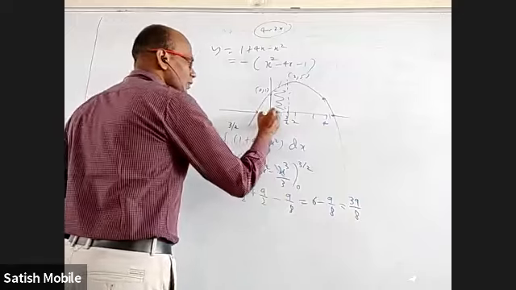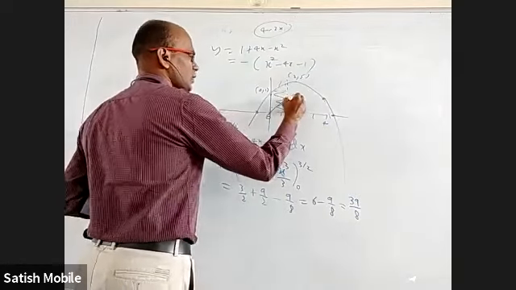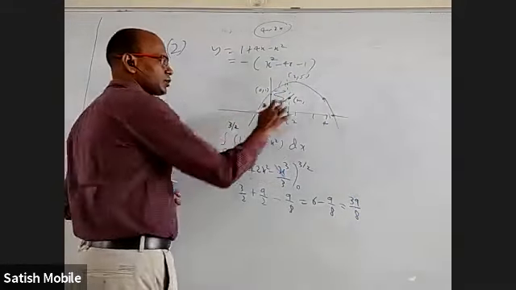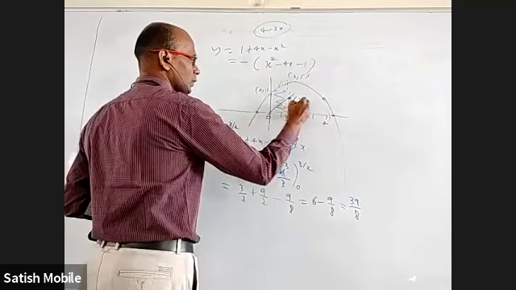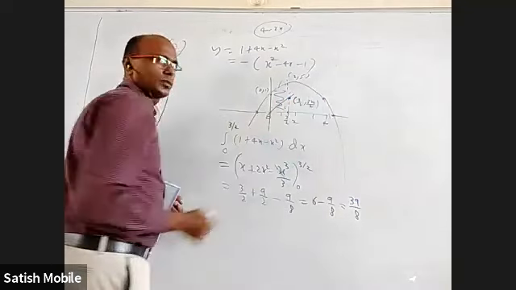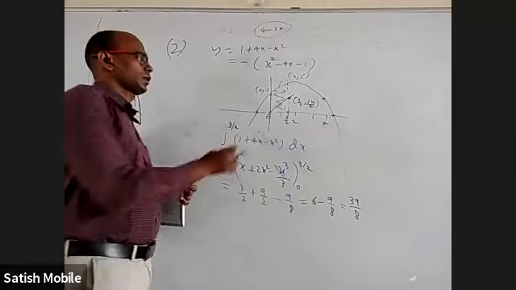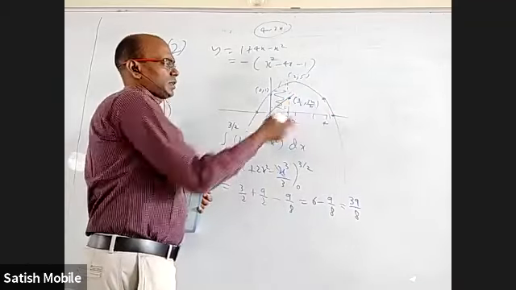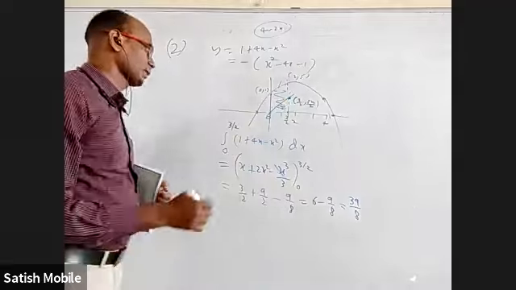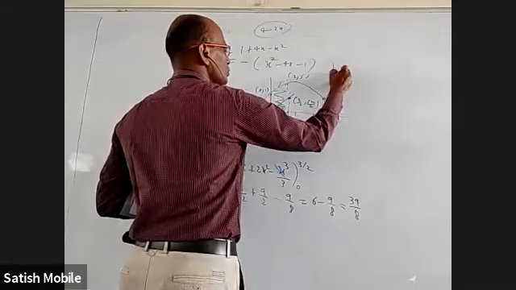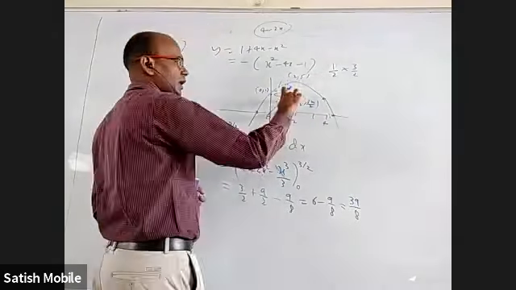So now if I draw y equal to mx, this point will have x coordinate 3 by 2, y coordinate will be 3m by 2. X coordinate 3 by 2, y coordinate is mx. So what is the area of this triangle? It is half into base, which is 3 by 2, and height, which is 3m by 2.